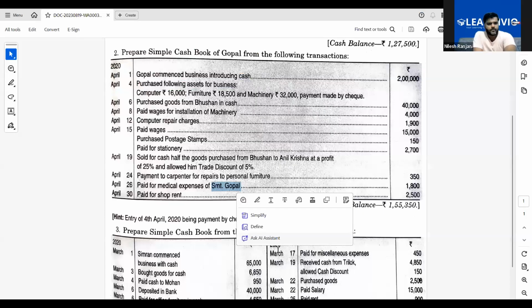Yes, we have to write the balance c/d amount after calculating all of it.